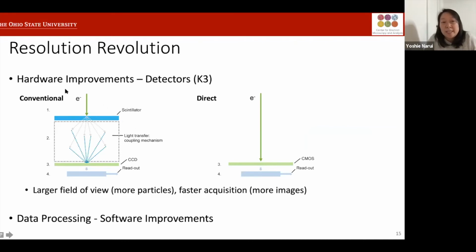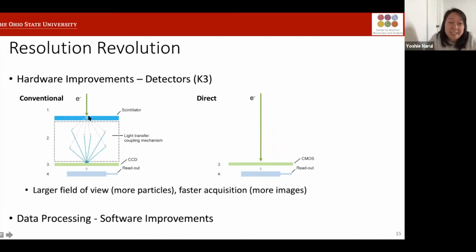And secondly, hardware improvements. Our Krios is equipped with a K3 detector, which is a direct electron detector. Both have a direct electron detector, but essentially, once the electron hits the CMOS film, then you will read out your image.